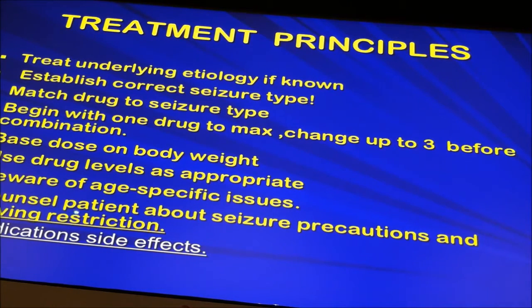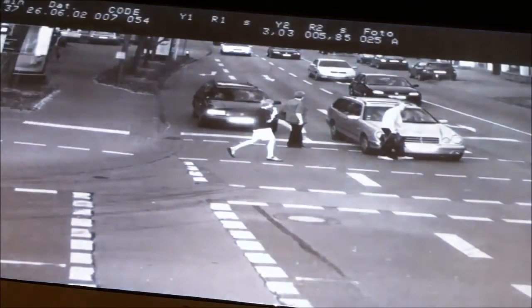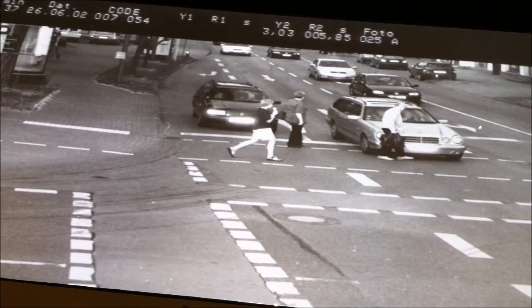If you are counseling a patient about seizure precautions, please put in your notes that we told them not to drive until they are fully controlled. And the reason for that: here is a lady driving a Mercedes, this guy driving his shoes, okay? This is real, captured from a camera on the traffic light.